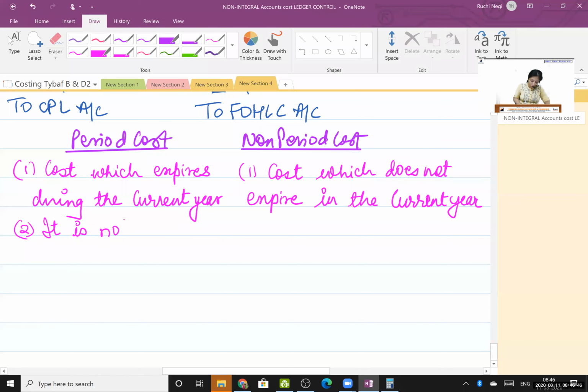It is not carried forward in the next year. Again, it is carried forward in the next year.